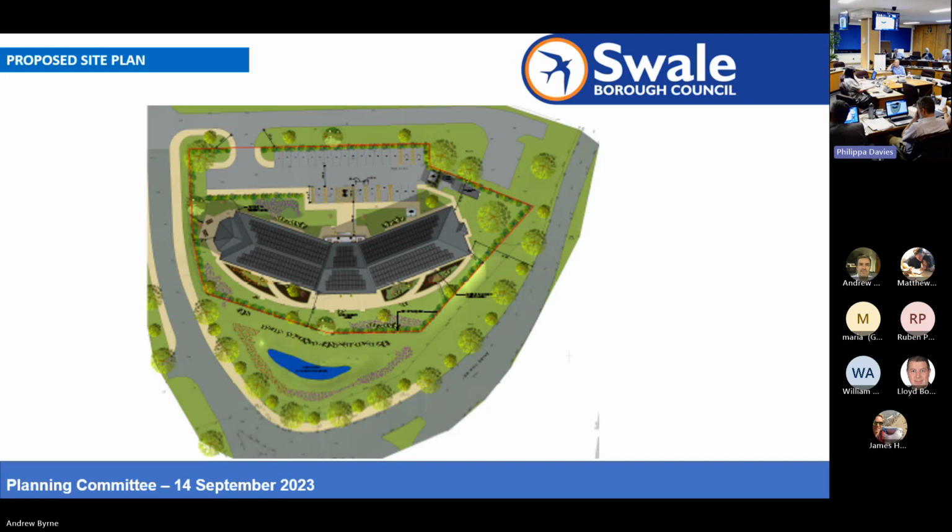Public transport, the only way there is really by your own private vehicle, and that gives me great concern, particularly on that last line where Highways are saying they need more information. Have we had that information? Thank you.